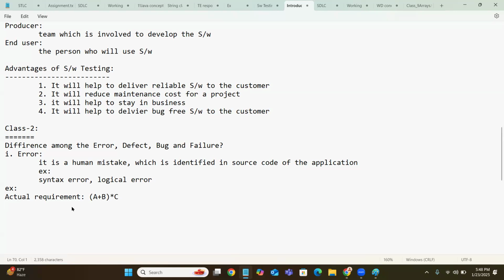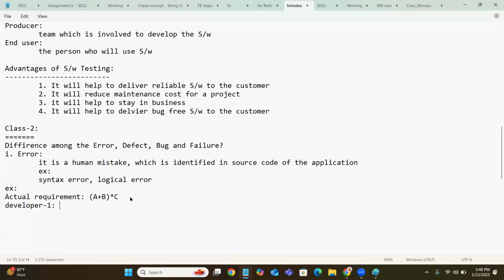First two numbers I want to add, then I want to multiply.